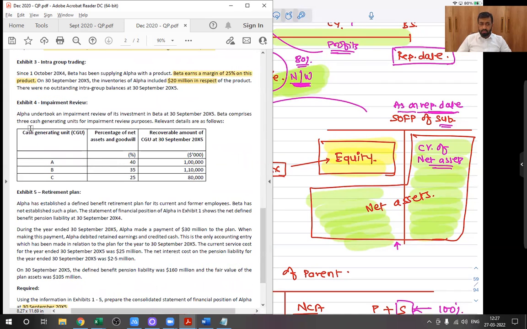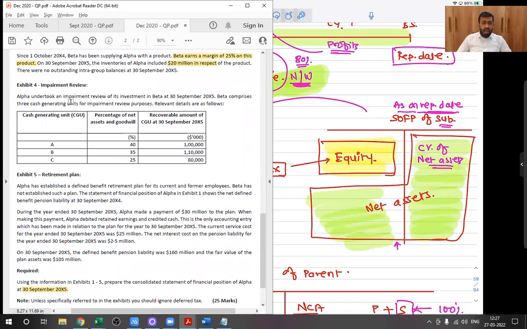Impairment review. Alpha undertook an impairment review of its investment in Beta as at 30th September 20x5. Beta comprises 3 cash generating units for impairment review purposes. Relevant details are given. So Beta has 3 cash generating units, A, B, C, with percentage of goodwill.